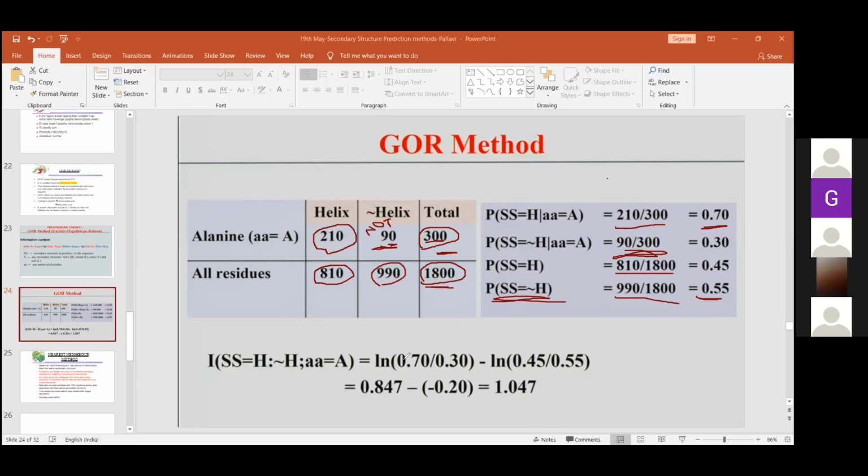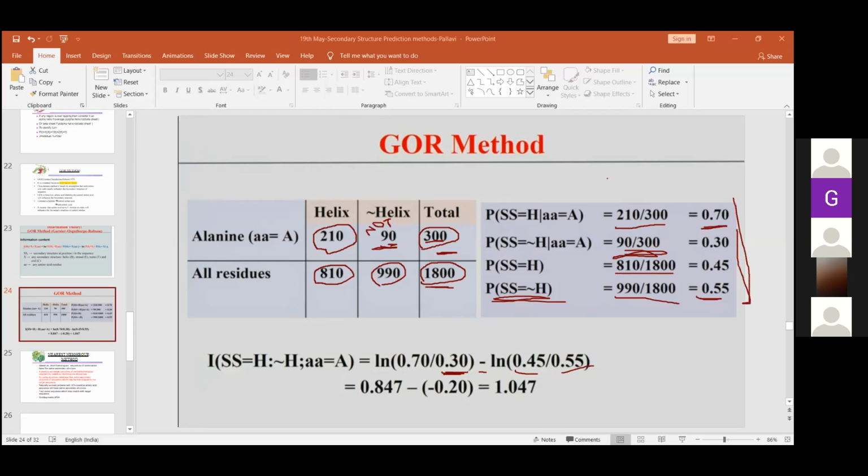Information content kya tha? Logarithm of particular amino acid to be in a particular secondary structure. In this case, alpha helix banane ka hai 0.70 alanine ka, divided by not to be in a alpha helical form for alanine, which is 0.30, minus ln of all the amino acids in that, which was 0.4 by not to be in that conformation, 0.55, from these four values.